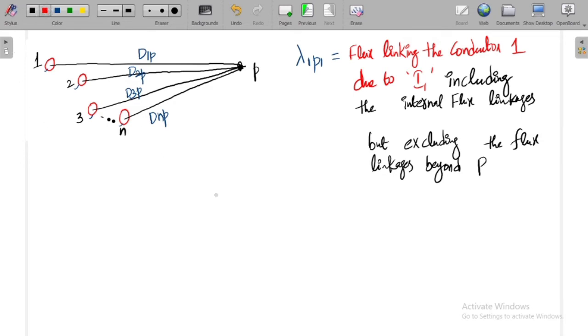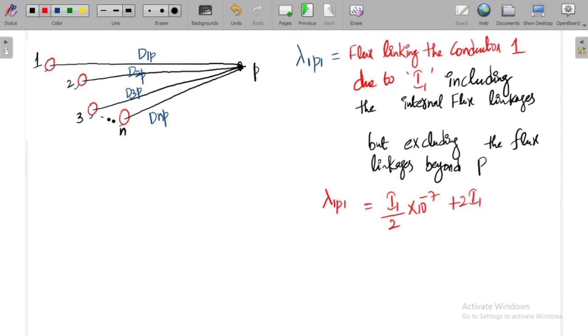I cannot find beyond that, right? So lambda 1P1 is the flux linking conductor 1 due to the current flowing through the same conductor, up to the point P. Now it is the summation of two fluxes: one is the internal flux linkage and the other is the external flux linkage.